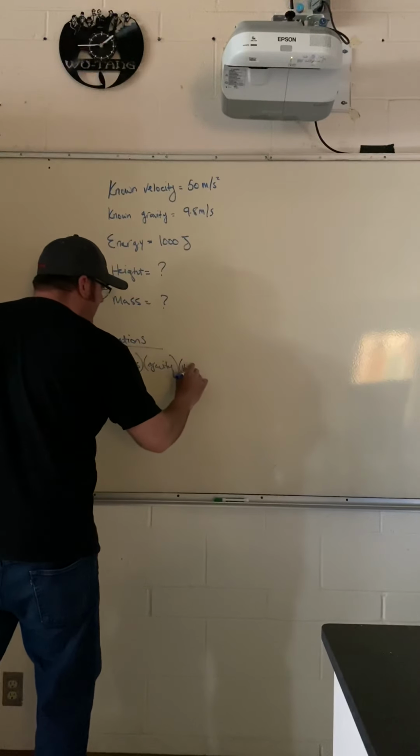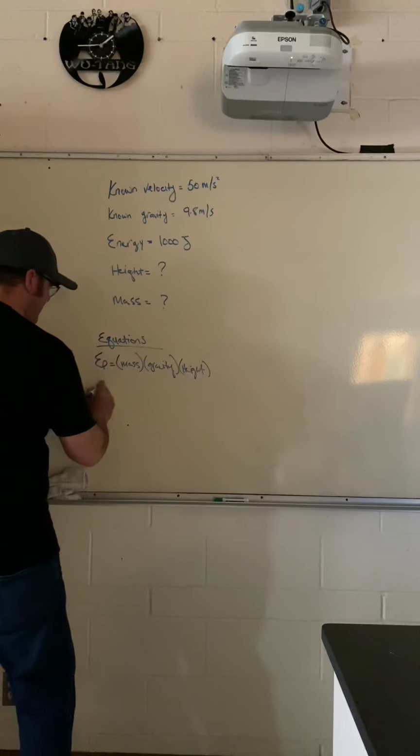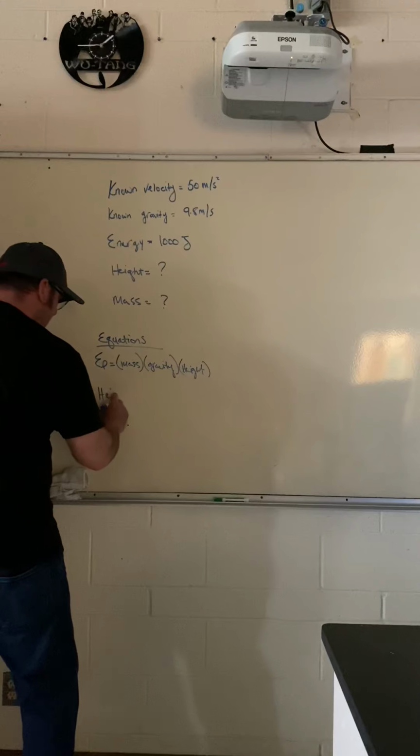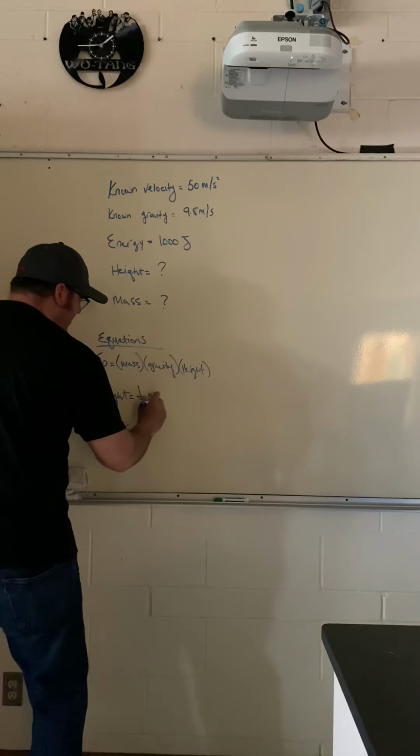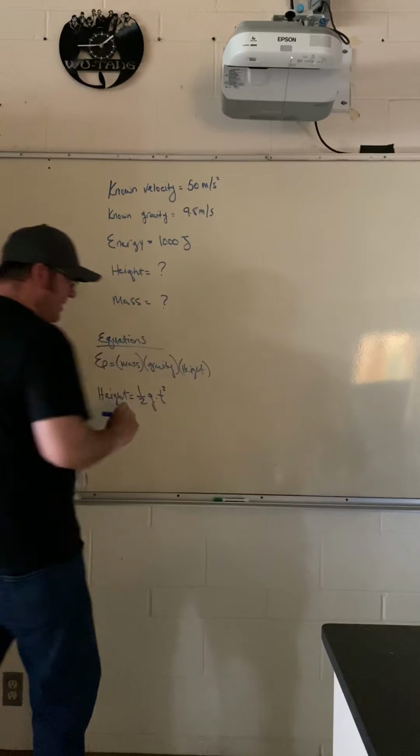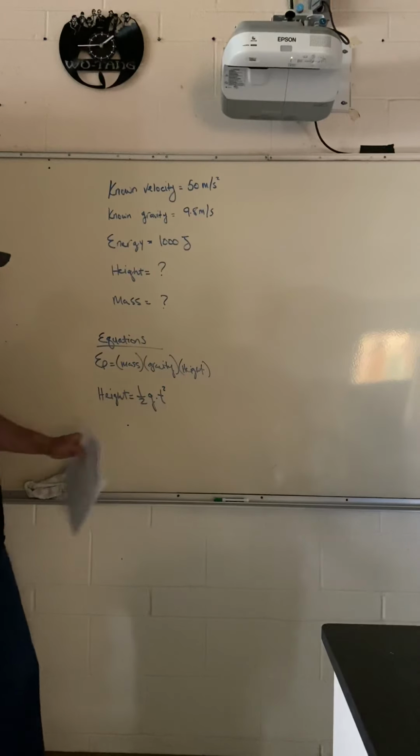We know that one. And we're also going to need our height formula, which is 1/2 g times t squared, where g is 9.8 and t is your time.